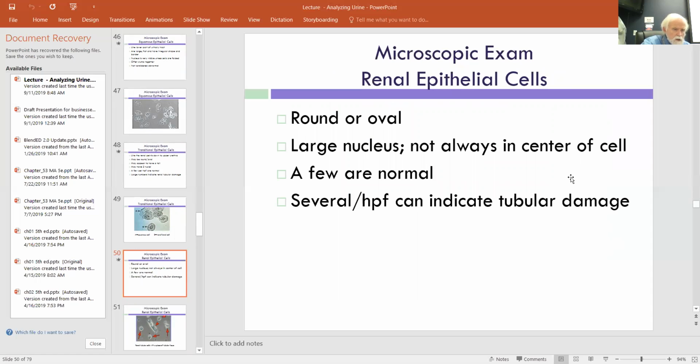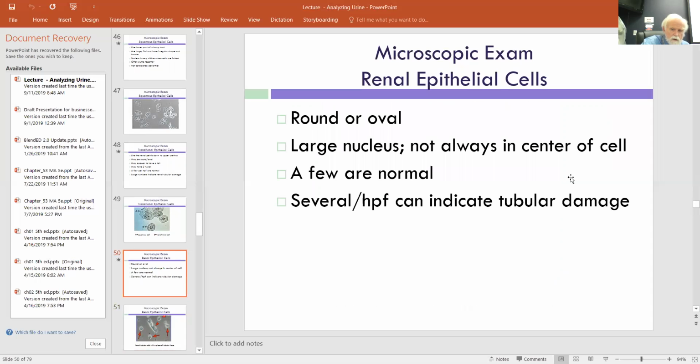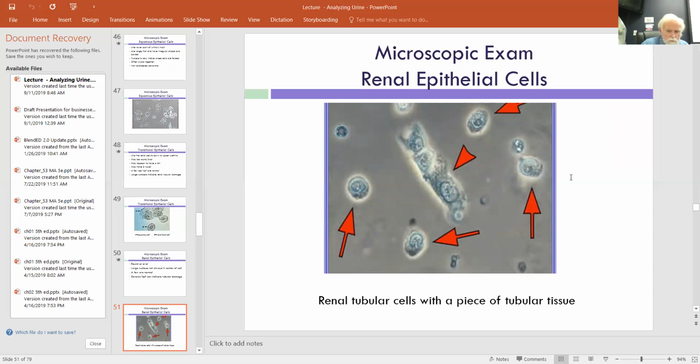Renal epithelial cells can be round or oval, with a large nucleus, and again, some of these in a sample are normal. Getting several, probably between 5 and 10 or more in the sample, can indicate tubular damage.